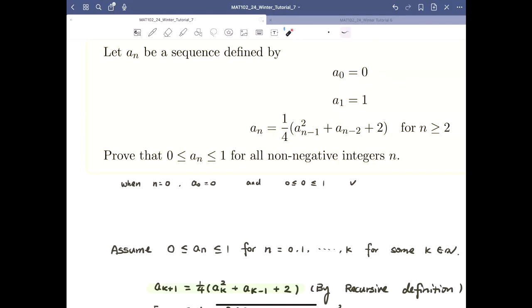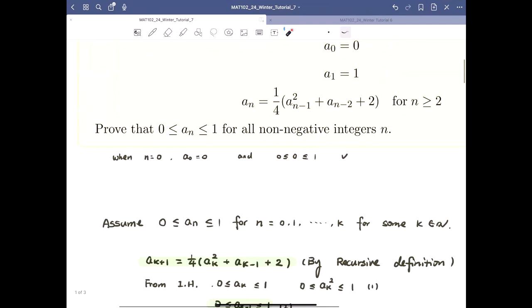Yes. Why do we need to have that? Sorry, why do we need to have n equals 0 to prove non-negative integers? Because 0 is a non-negative integer. It's not negative. So you also need the second one, because the inductive step cannot prove the second one.